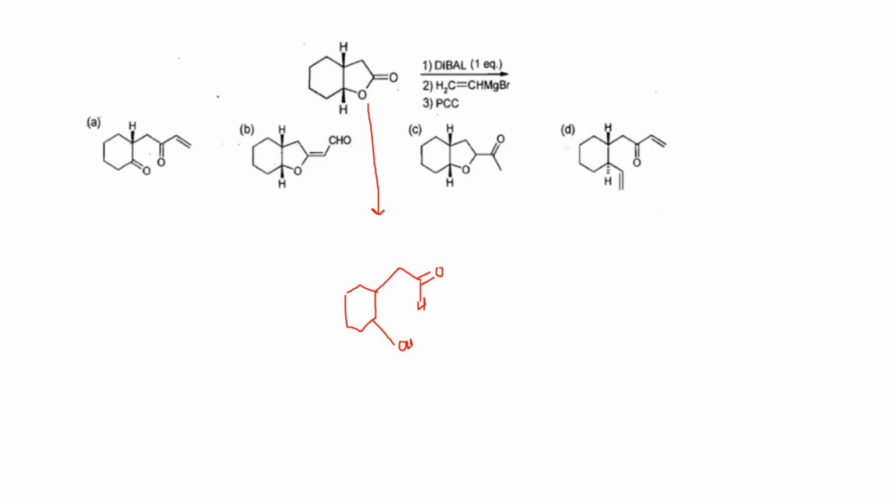In this reaction, DIBAL gives an H minus source, so that H minus will react at this center. After that they have added this Grignard reagent, so the Grignard will attack this carbonyl center.